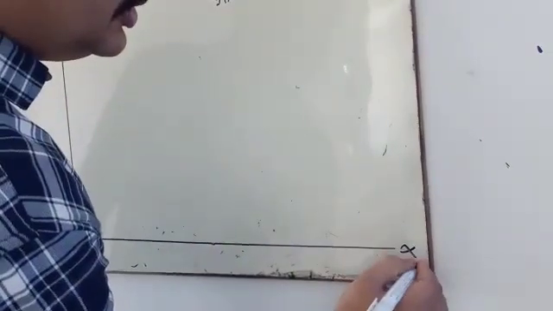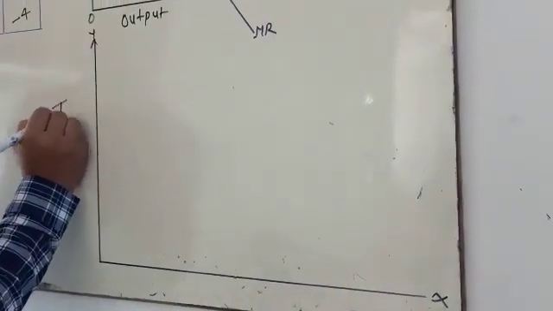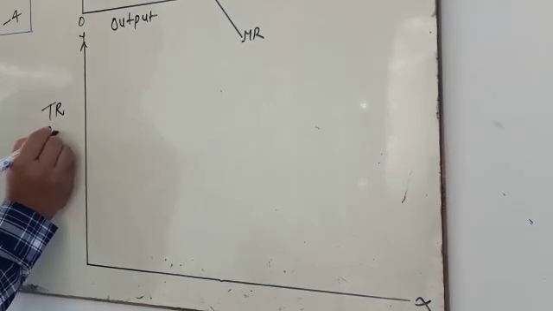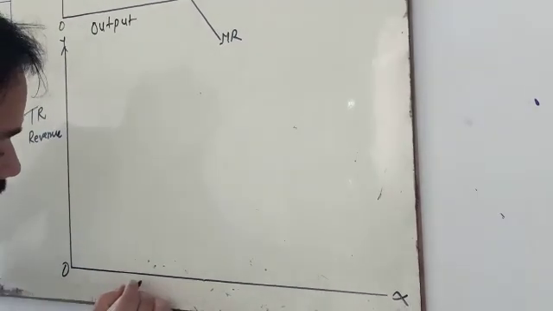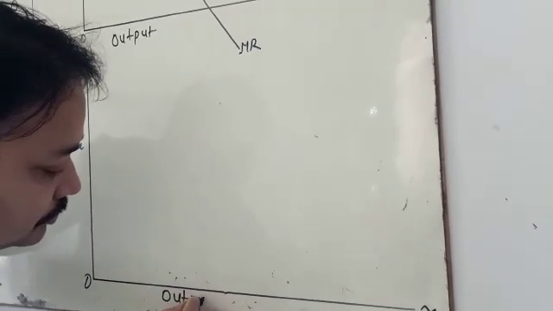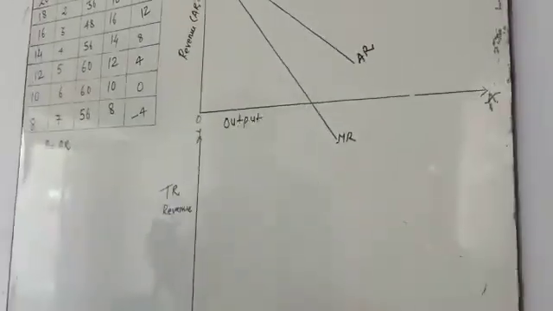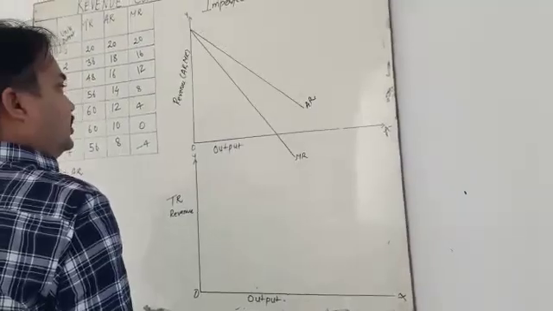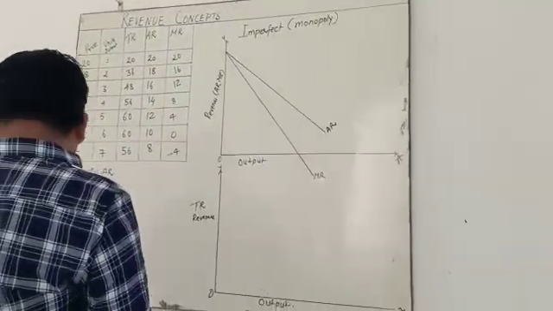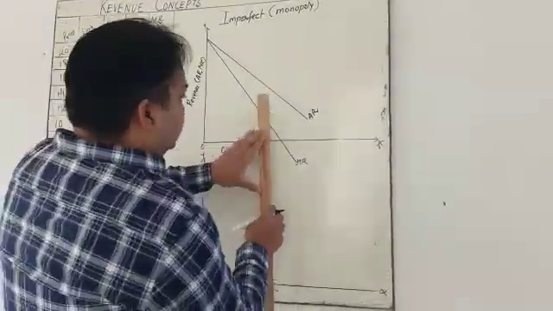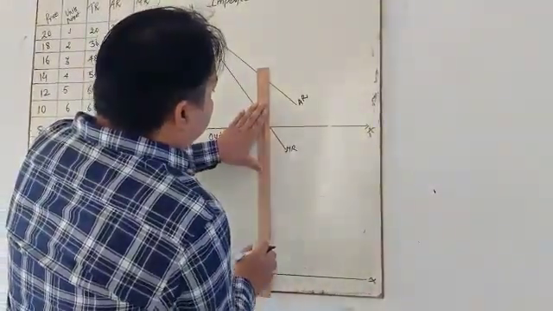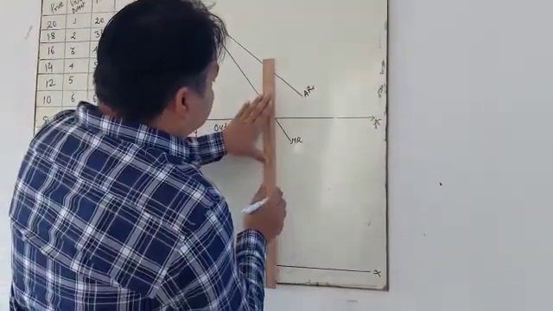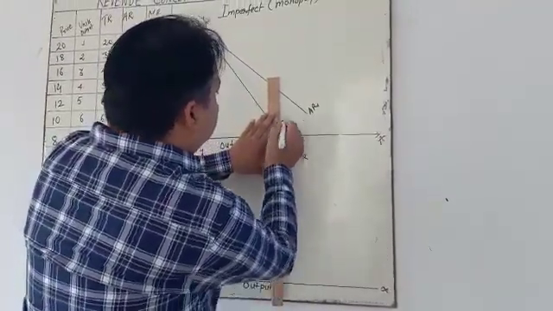Y-axis, X-axis: TR, that is revenue, and here I am going to take output. Do you observe, my dear student, when AR is maximum and MR is 0? I will explain.